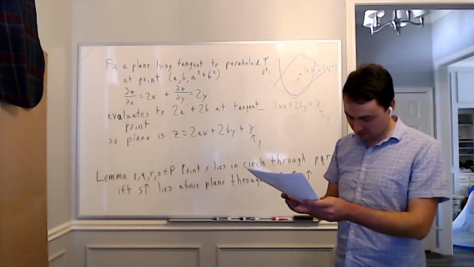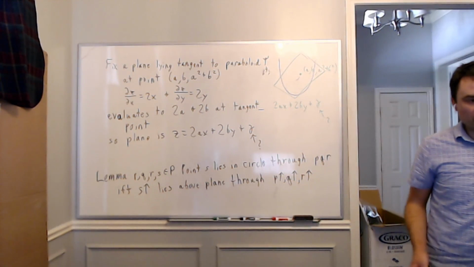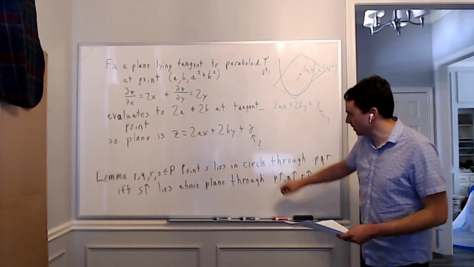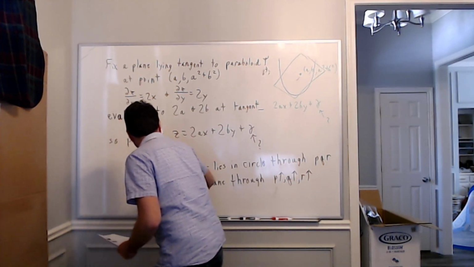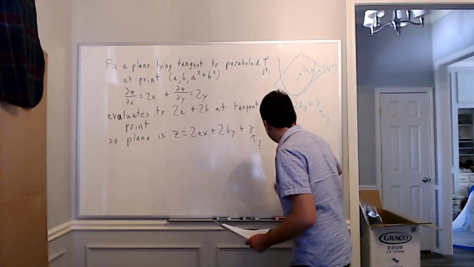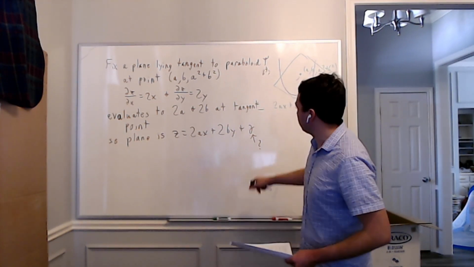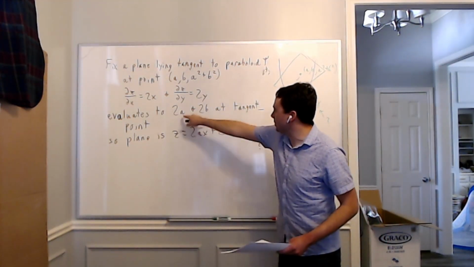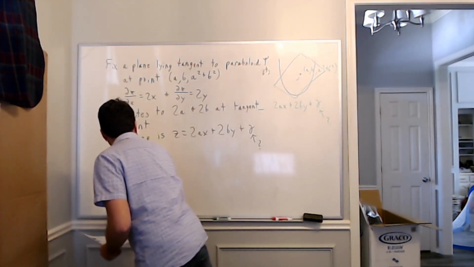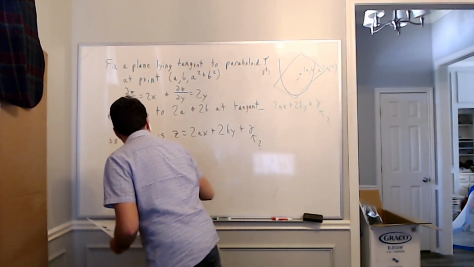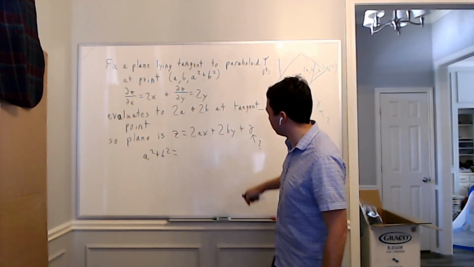Okay, so we're going to solve for gamma now by looking at the tangent point. At the tangent point, we know z is equal to a squared plus b squared, and this must equal 2ax plus 2by plus gamma.